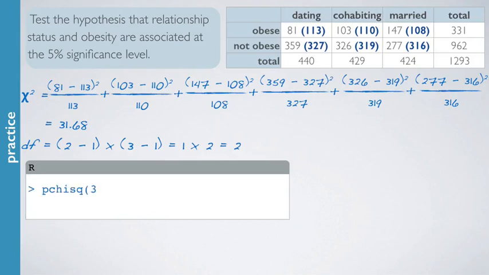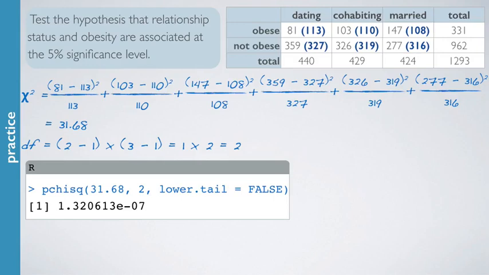So that comes out to be pchisq of 31.68, 2 for the degrees of freedom, and we don't want the lower tail. And that's a pretty small p-value we have there. With a small p-value, we reject the null hypothesis in favor of the alternative, which means that these data provide convincing evidence that relationship status and obesity are associated.